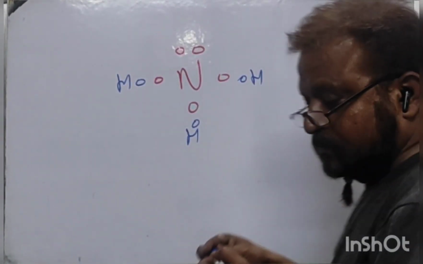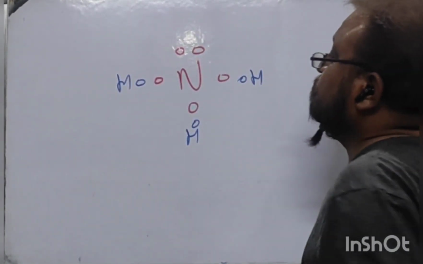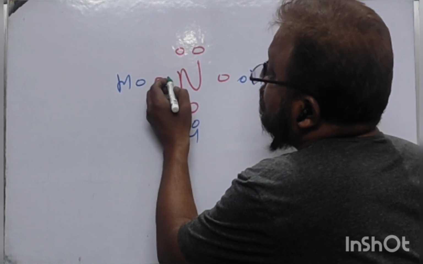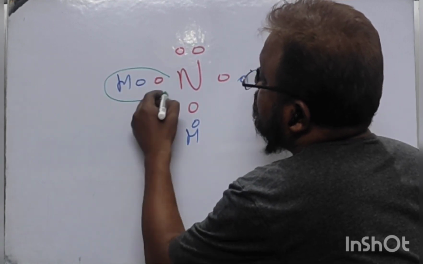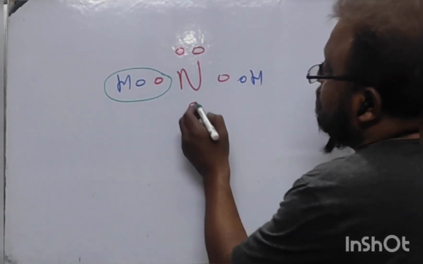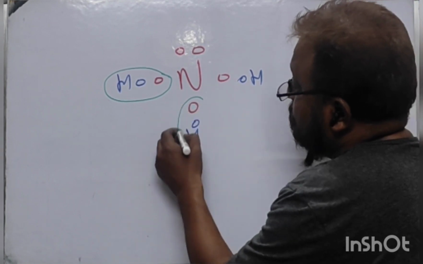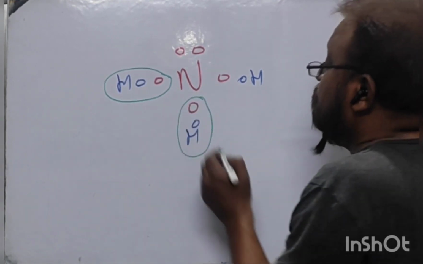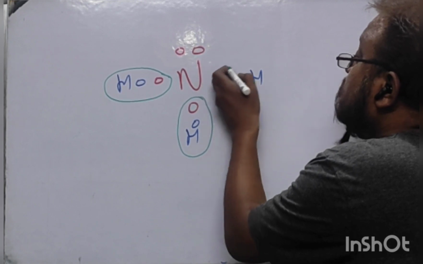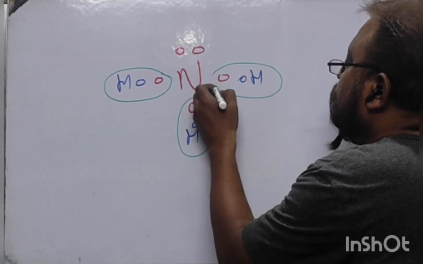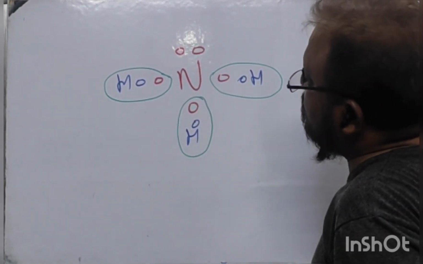So what happens? Each hydrogen atom takes one electron from nitrogen and completes its duplet.